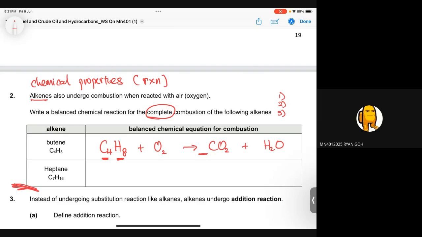Which element should I balance first? Not hydrogen first. Hydrogen is number 2. Surely it's carbon. So first one I balance should be carbon, then hydrogen, then last one is oxygen. But actually these two no difference. Whatever you balance first is the same thing. But okay, let's say I balance carbon first.